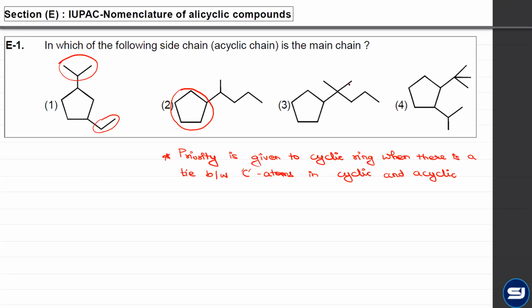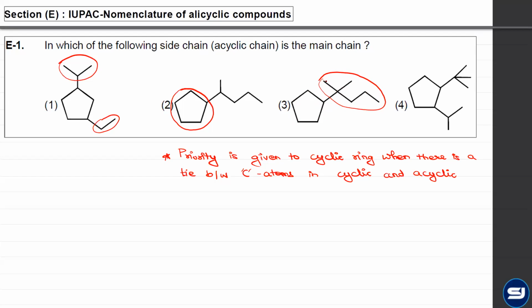When you talk about IUPAC, we always talk about the longest continuous chain. So this continuous chain will be of 5 carbons, and here also the continuous chain is only 5. The other will be substituents. So now can I say there are two longest chains of 5 carbons, but on the cyclic there is only one substituent. This whole thing is called one substituent, yes or no?